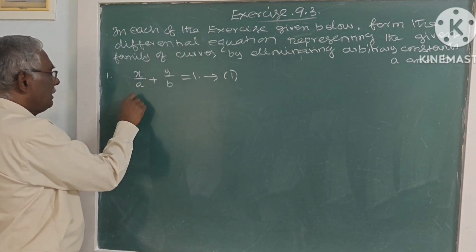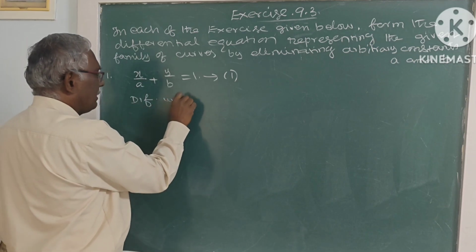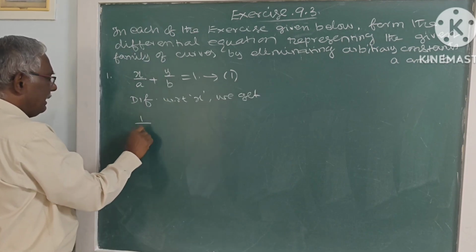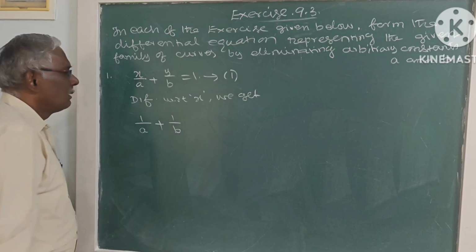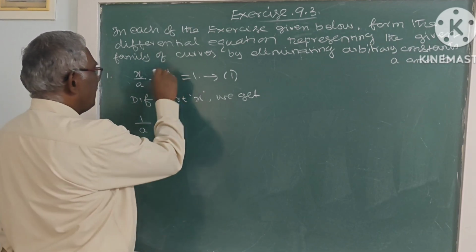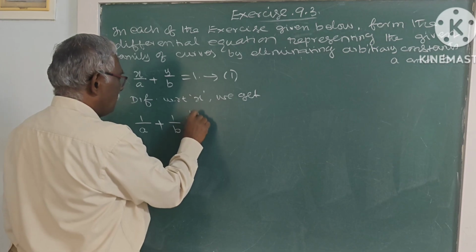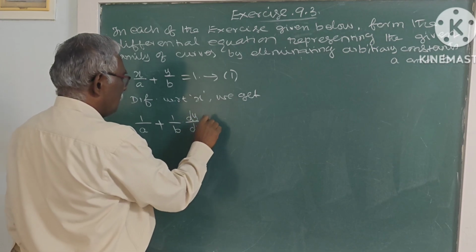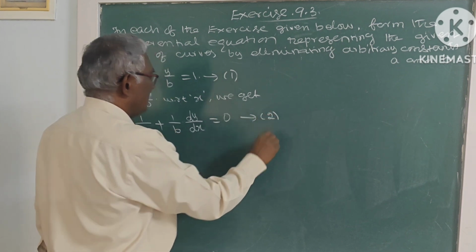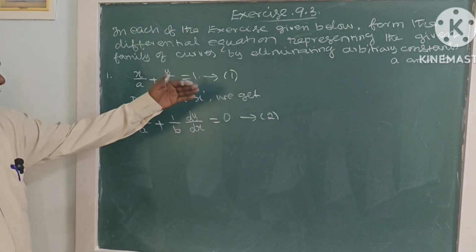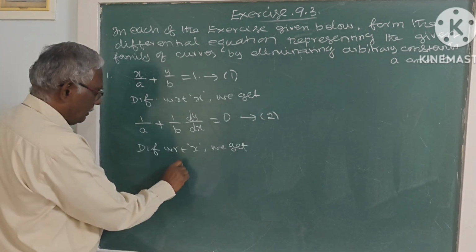Differentiate with respect to x, we get 1 by a plus 1 by b into y dash is equal to 0. So we have to differentiate once again.